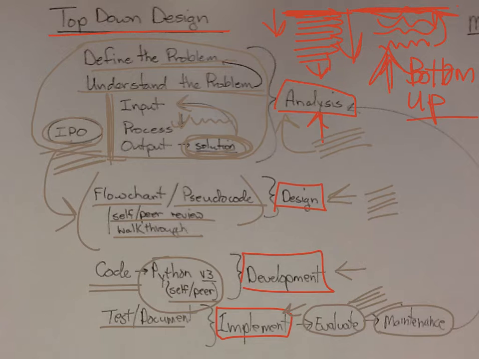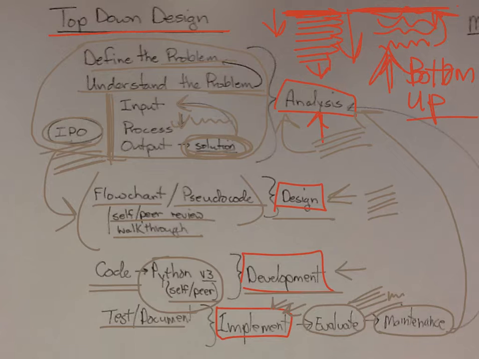And then there's always maintenance. If you find something isn't quite right at this point, then you go back up here, you understand what's not right, you figure an IPO on it, you design the next solution, you develop it, and then you implement the update.